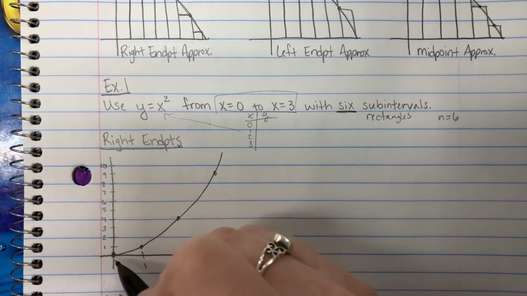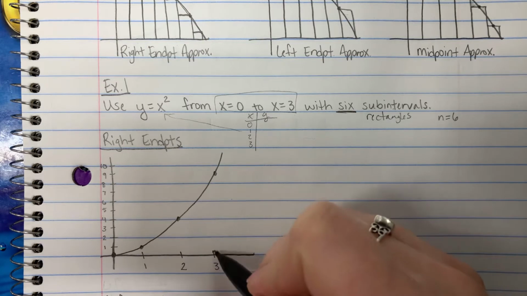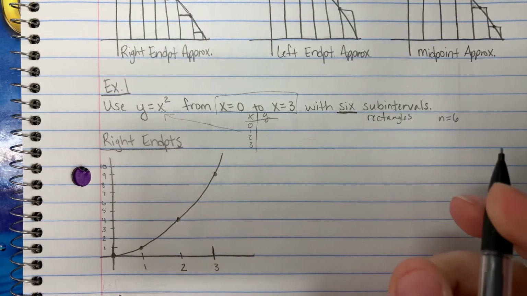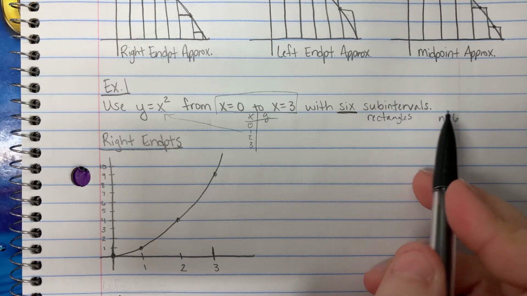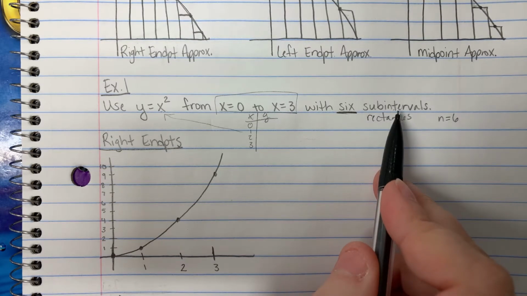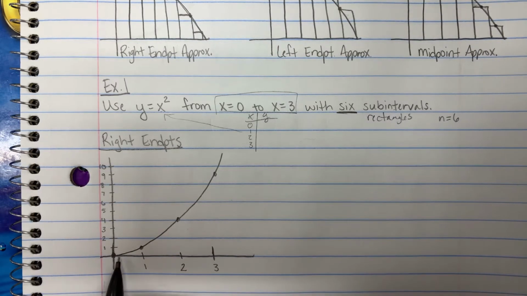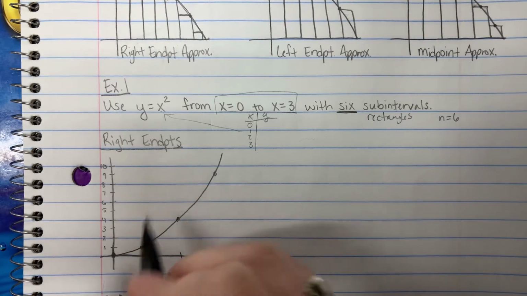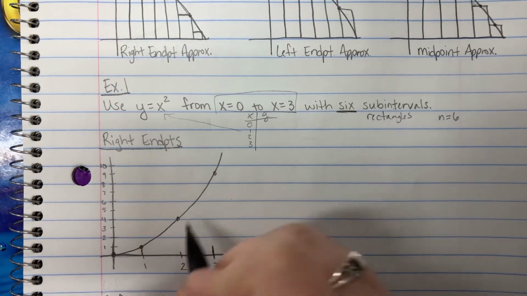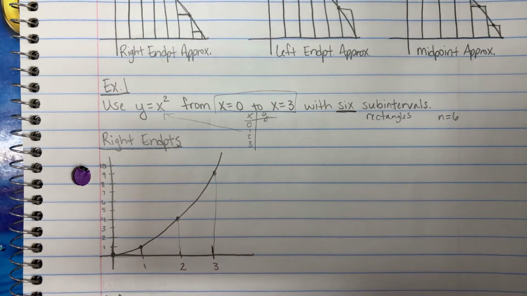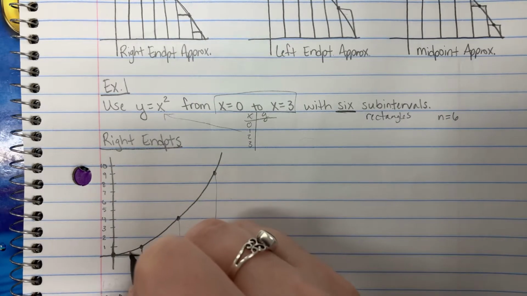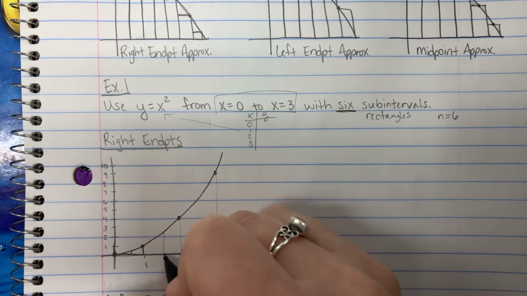And I'm going to try to find the area from right here up to right here, 0 to 3. The problem is I need 6 rectangles, 6 subintervals. Okay, so the problem is this right here would be 1, this would be 2, this would be 3 rectangles, right? I need 6, which means I'm going to have to go in these half marks.